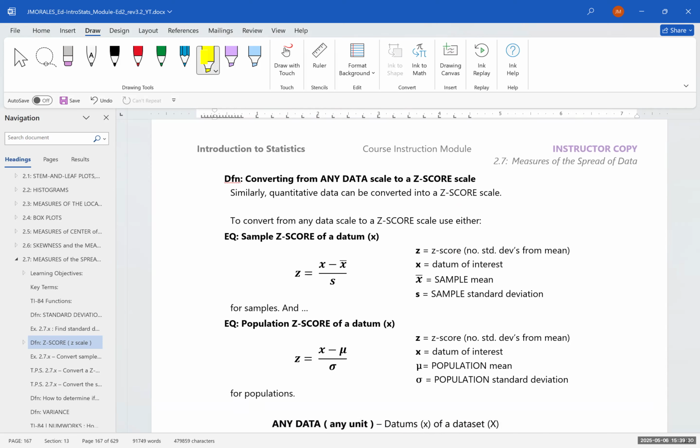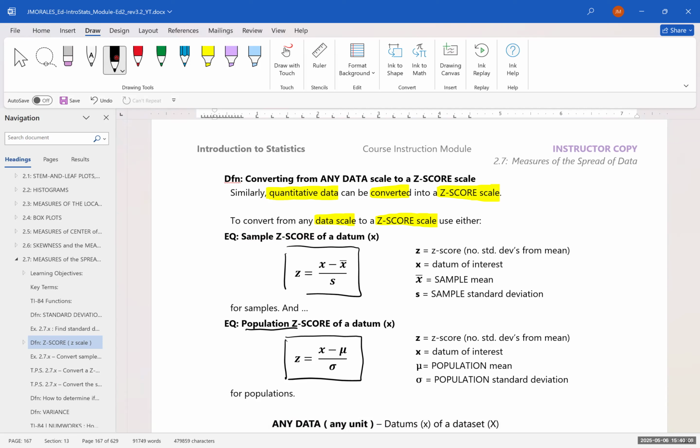What this allows you to do is take any kind of quantitative data and convert it into a z-score scale. To convert from any data scale to a z-score scale, you use either this equation if you're dealing with a sample, or this equation if you're dealing with a population. Notice that these two are very much the same.